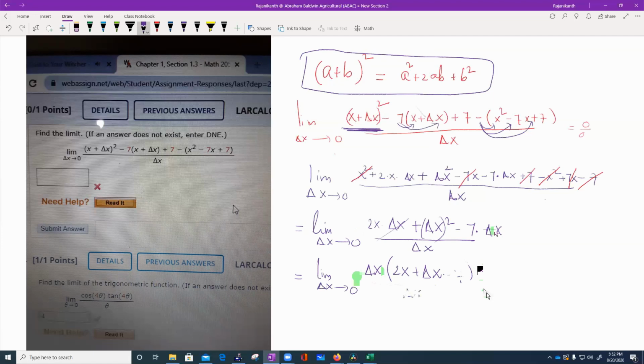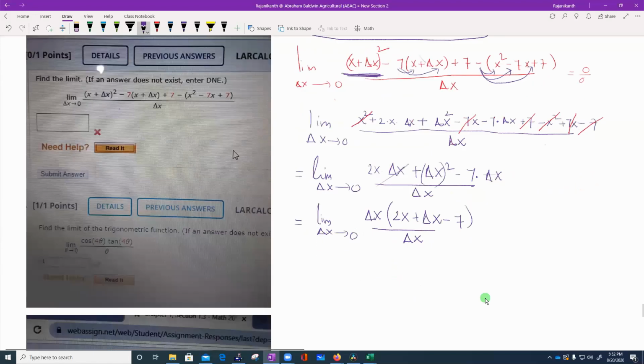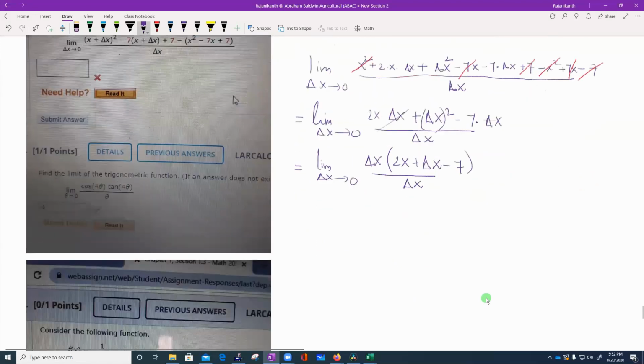Yeah, I got this far when I first started out in the homework, but then I wasn't quite sure what to do after that. Okay, very good. Now, remember I told you delta x is just a number. You see now here, you are multiplying and you have same number. You could simply simplify. Just cut those two, go away. Does that make sense?